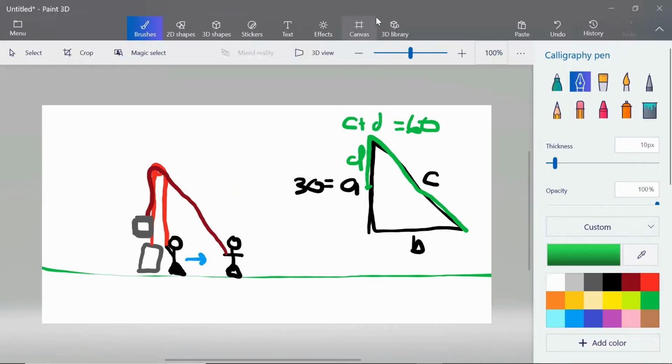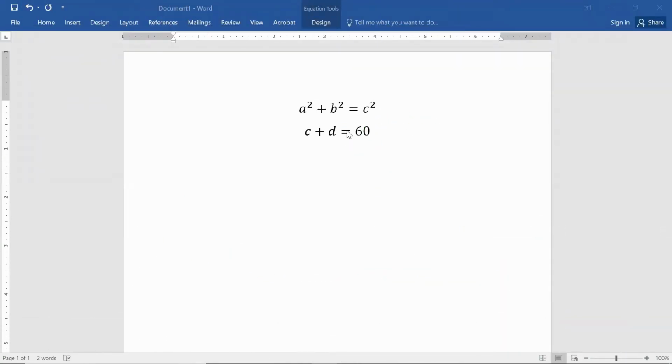So we're going to use two things at the same time. We have two equations here. And just for the record, what our question was asking is, as B, the length from the original spot of the weight to the man, increases, how does it look like the weight is being lifted?